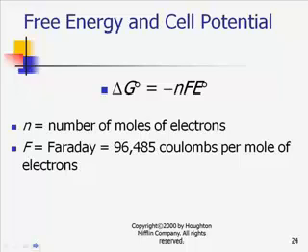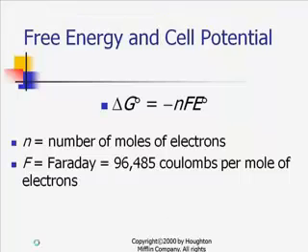This is called Faraday's constant, and it's 96,485 coulombs per mole of electrons. And then E naught is our cell potential. So delta G is the negative nFE naught, and remember, a negative delta G value means that it's spontaneous.